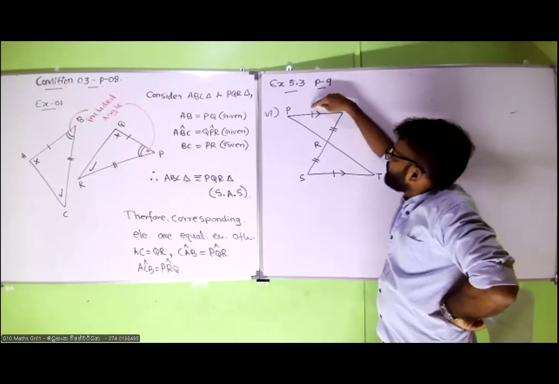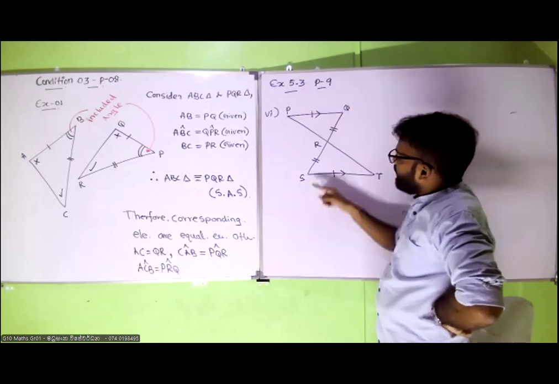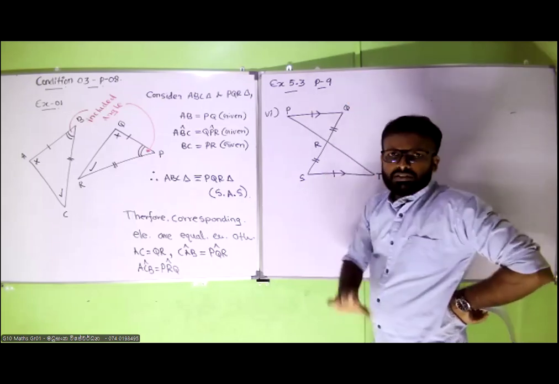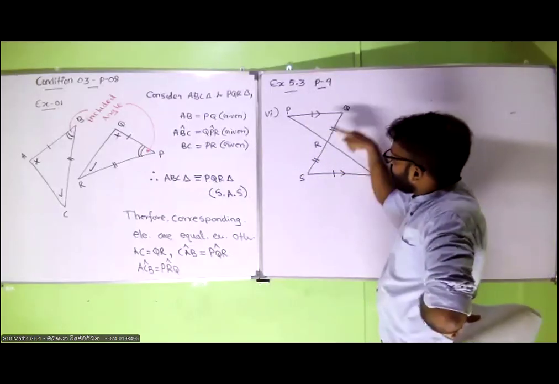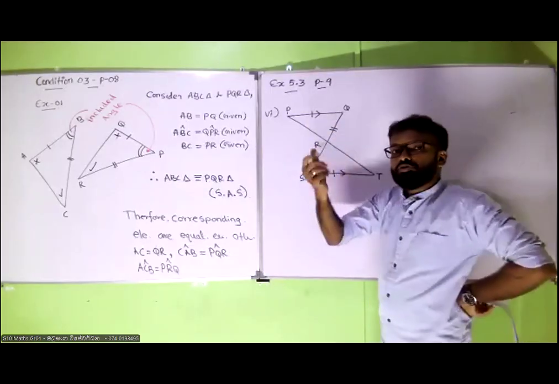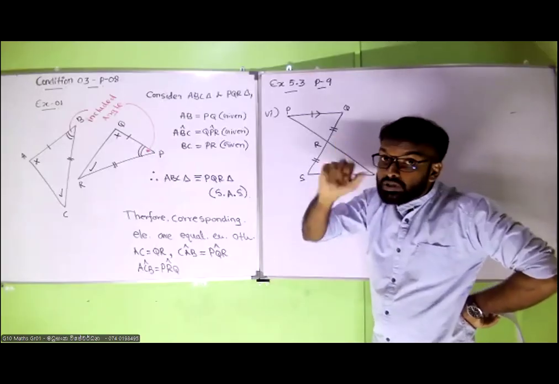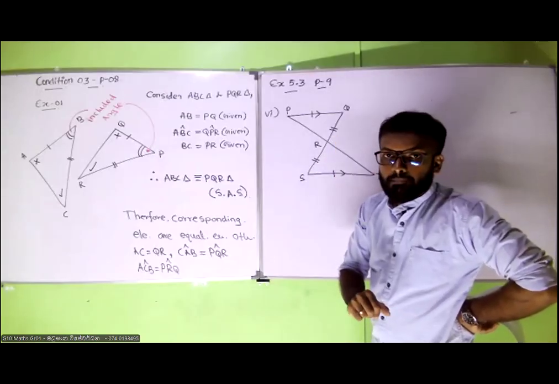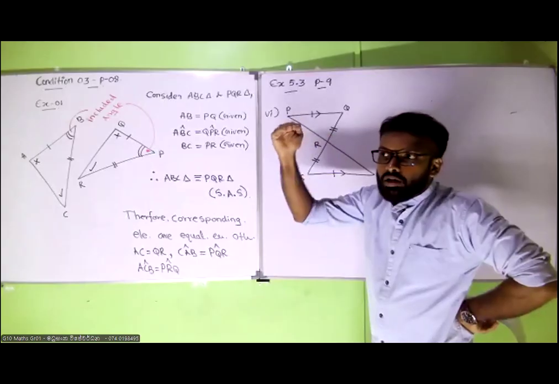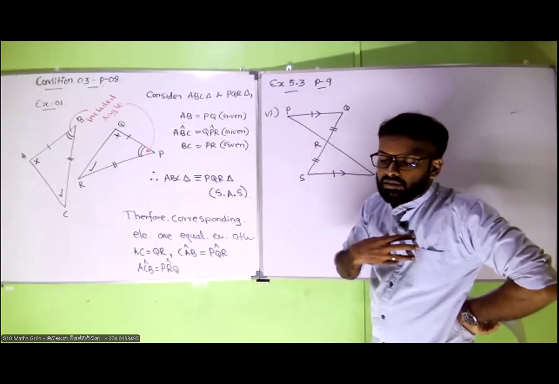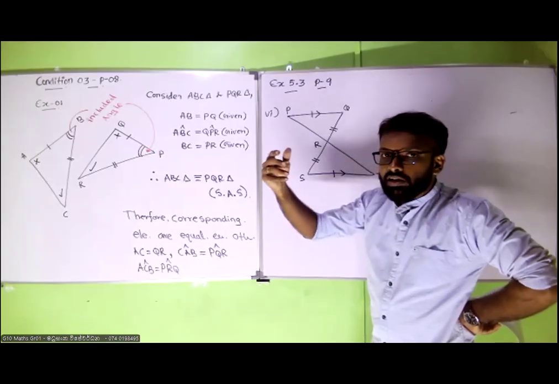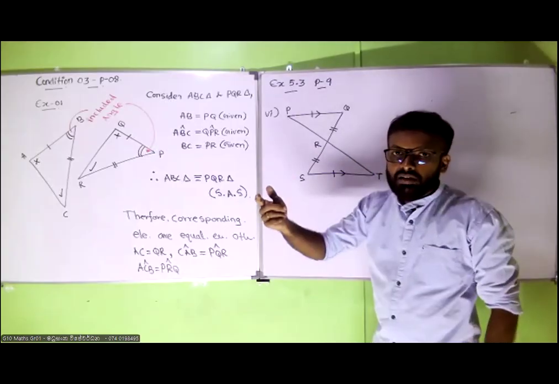Right? So, here I have a side PQ and it is equal to ST. And also they have given that RQ equals RS in between these two triangles. Now I have two sides. Now, according to the three conditions that I have taken, I need to find another one under SSS.